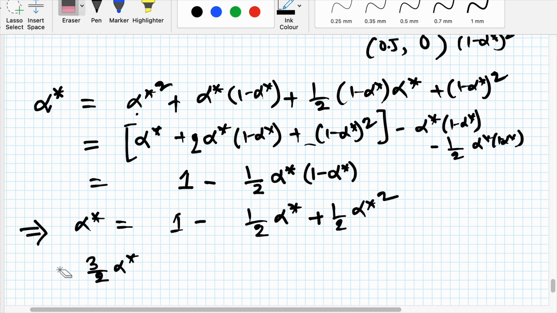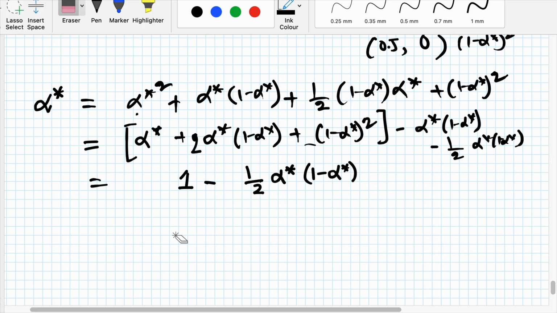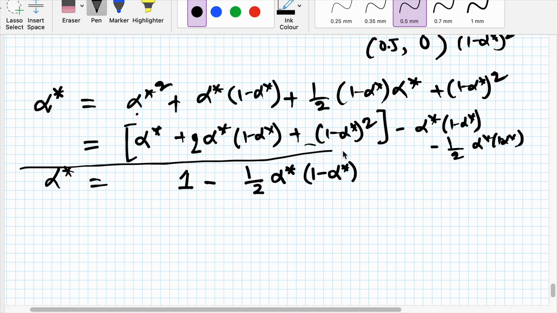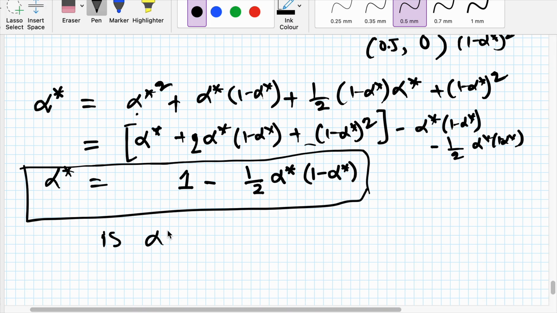Now if I put alpha star equal to 1 here, we'll find that the solution of this equation is alpha star equal to 1.